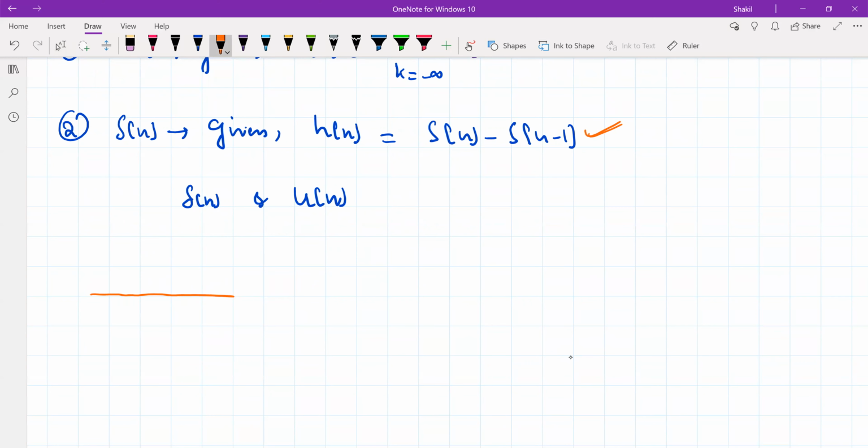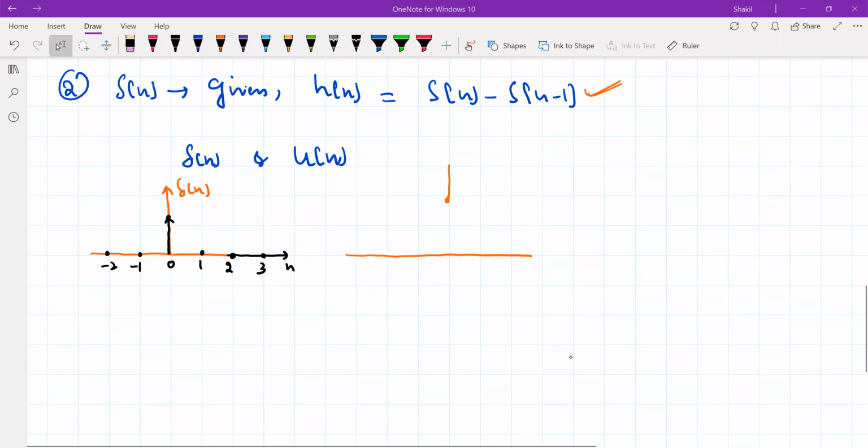Now if you plot delta n, you know delta n is 1 at one instant and 0 at these places, and only at this instant of time it is 1. Same way u of n, I can draw it like this.